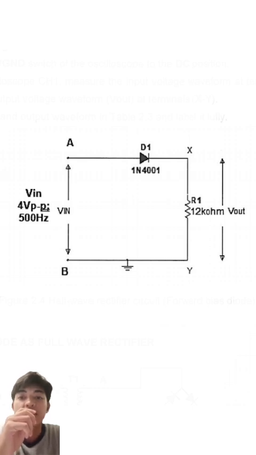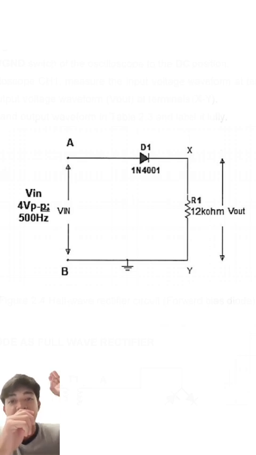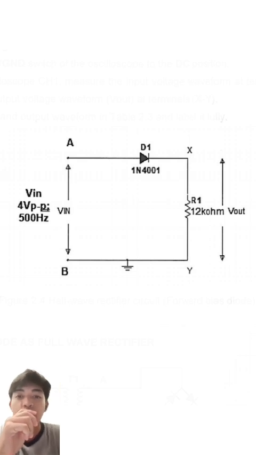In the circuit, you can see my background, which is the diagram of the half-wave rectifier. In this circuit, we use a single diode in series with a load resistor. When AC is applied, the diode conducts only during the positive half cycle of the input.